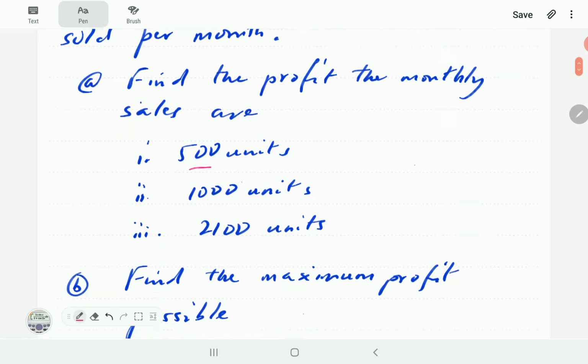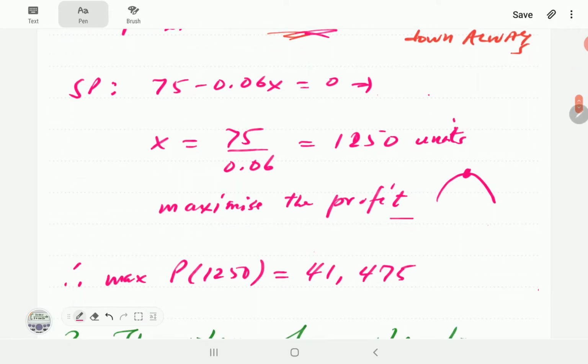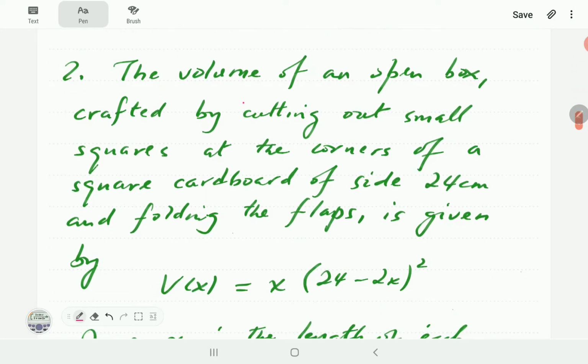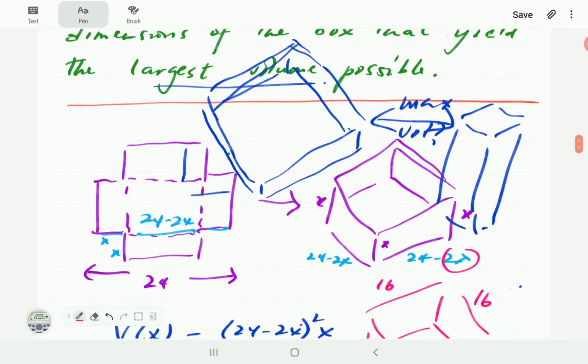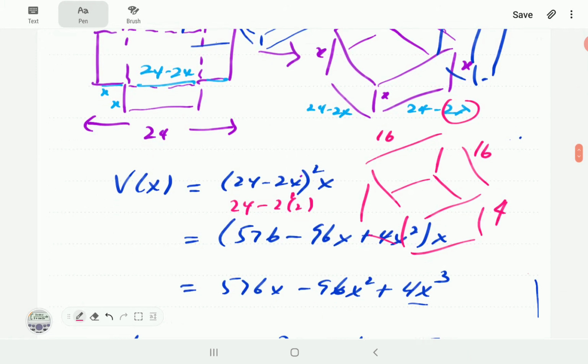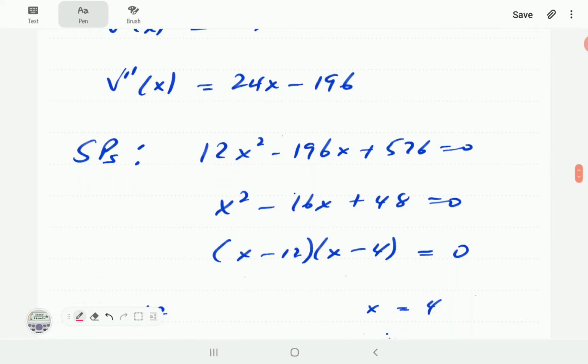We saw how to use calculus to find the point that gives maximum profit. And then we looked at this problem from the world of packaging, and we saw how we can use calculus to find the dimensions of a box that is going to have maximum volume.